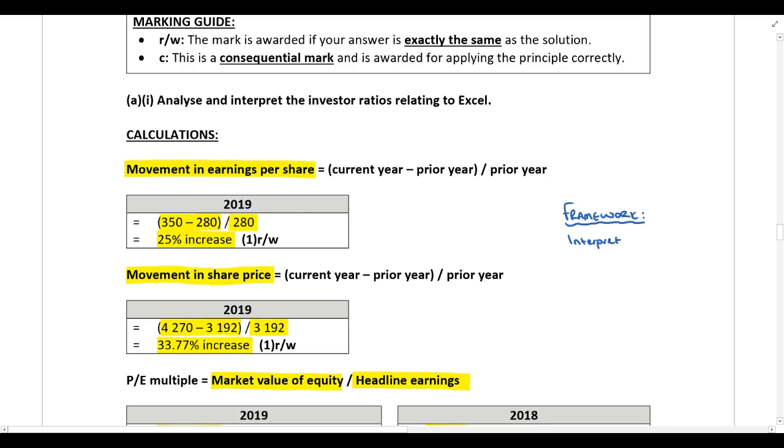We are then going to compare it to a benchmark. And when we make the comparison to the benchmark, you need to use the correct terminology. So you can't just say increased or decreased. You need to show that it's improved, it's deteriorated, it's better, or it's worse.